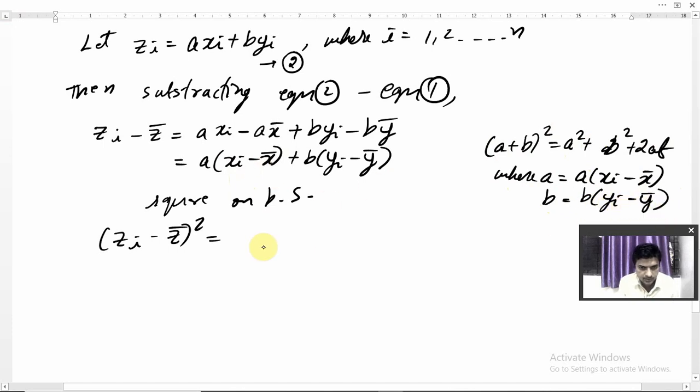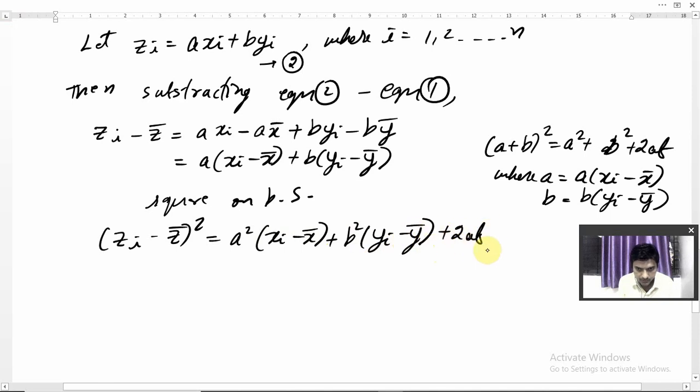So I will take just the a square and b square formula. First I will square the first term, that is a square, (xi minus x bar), and then b square, (yi minus y bar), plus 2ab, (xi minus x bar) and (yi minus y bar). Okay, so these terms we get.